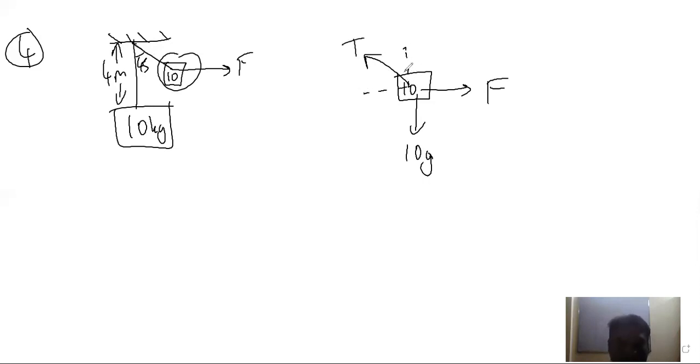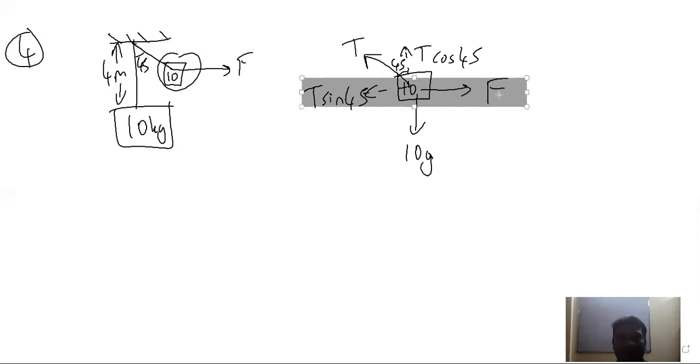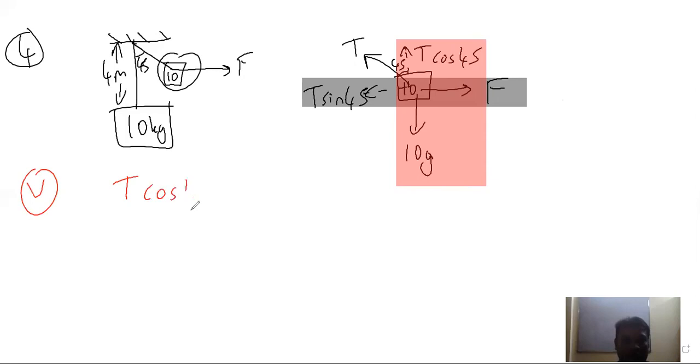Because this angle is 45 degrees, this will be T cos 45, this will be T sin 45. So equating the forces in horizontal and vertical direction again, we have T sin 45 is F and T cos 45 is 10g. Along vertical direction, we have T cos 45 is equal to 10g.